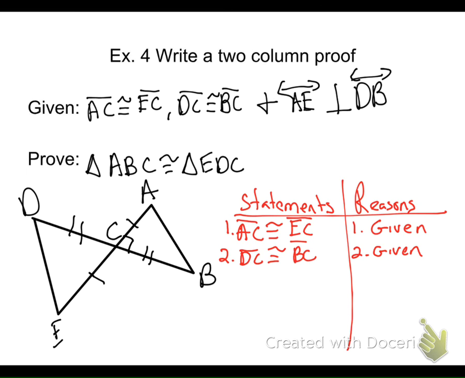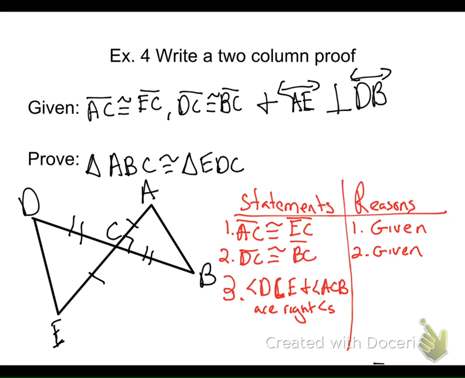So when we look at this, we know something about these angles. What do we know about angle ACB and angle DCE? We know they're what type of angle? We know that they're right angles. So we know that angle DCE and angle ACB are right angles.